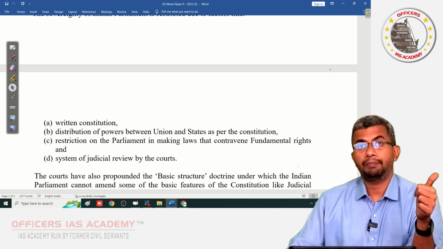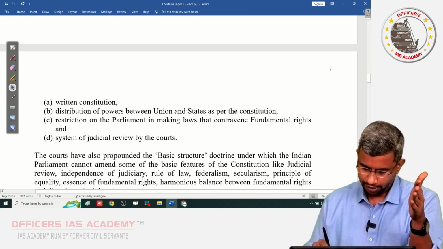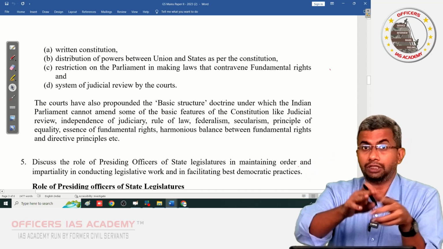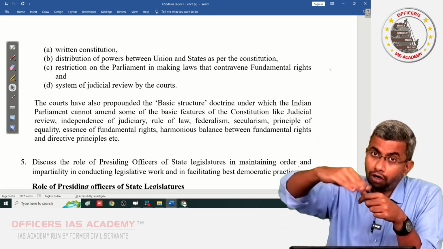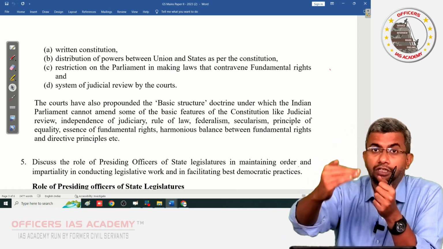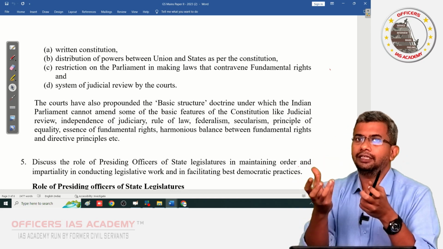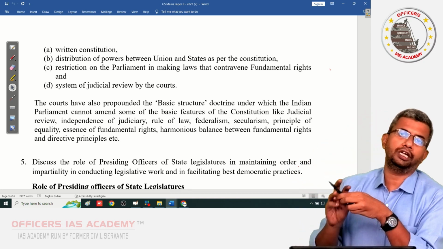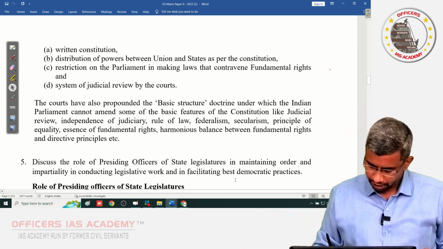And any law made by Parliament, including constitutional amendment, is subject to judicial review. So these are restrictions on Parliament in making laws. But even for constitutional amendment, the Supreme Court in the Kesavananda Bharati case has said the basic structure doctrine cannot be violated. So these are the things which place restrictions on the Indian Parliament's sovereignty when compared to Britain. That is the answer that you need to give.